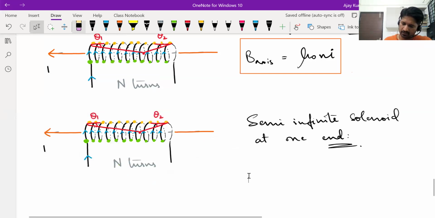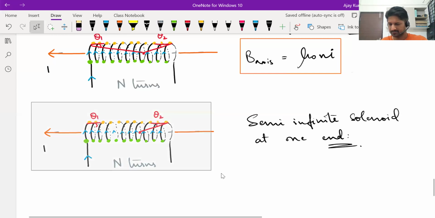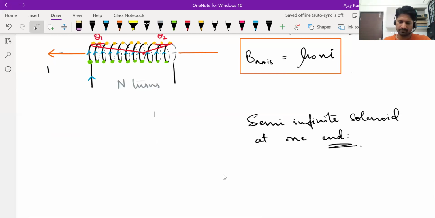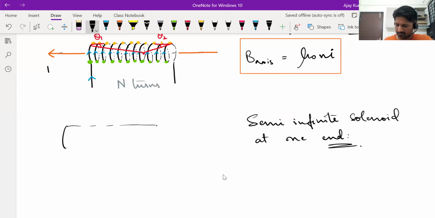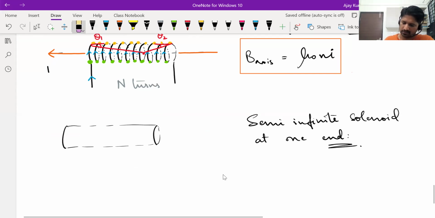So that point P, the point where you are calculating the magnetic field, should be taken at the end. Okay, just a moment. Imagine this as a solenoid. One side it extends to infinity. You need the magnetic field at this point.